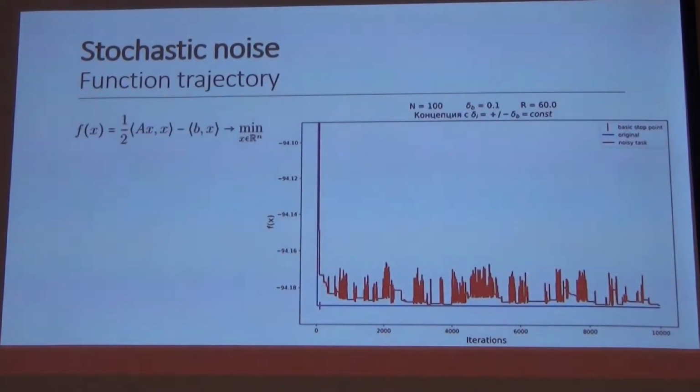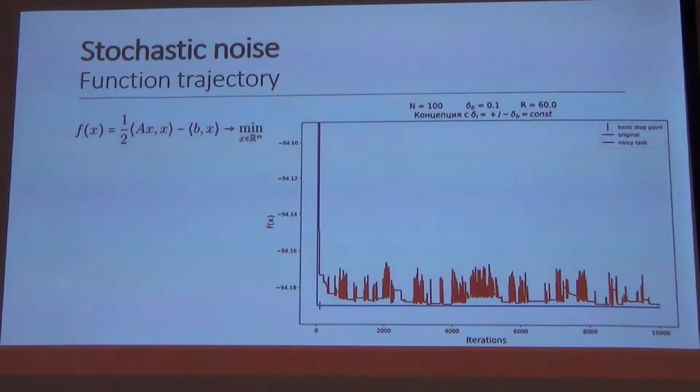The interesting thing for the stochastic method is that here you can see the graph. The blue line is the trajectory of the clear function, clear meaning the start function with exact matrix A and exact vector b. And the red line is the trajectory of a noisy task.